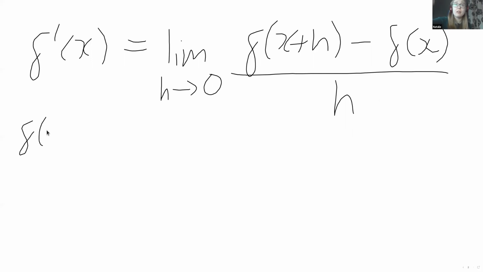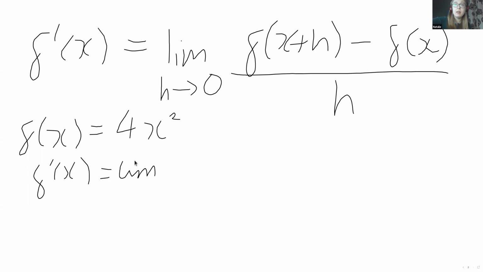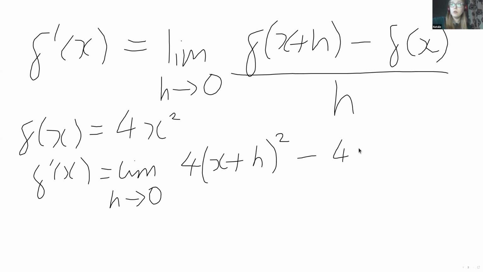So f of x is 4x squared. I can say then that f prime of x is equal to the limit as h tends to 0 of f of x plus h, 4 times (x plus h) squared minus 4x squared all over h.